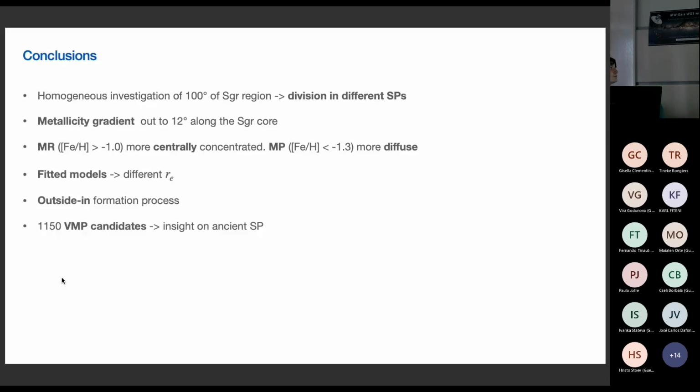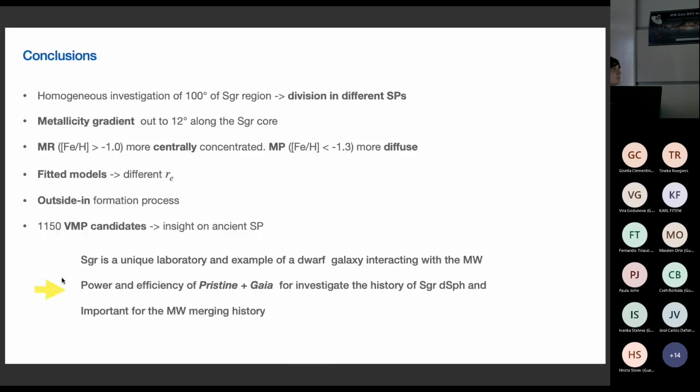We were also able to study and have a first insight on the old and metal-poor stellar population that is hosted in the galaxy. So this analysis has shown us how this dwarf system can be used as a workshop to test the combination of the Gaia data with a photometric survey.